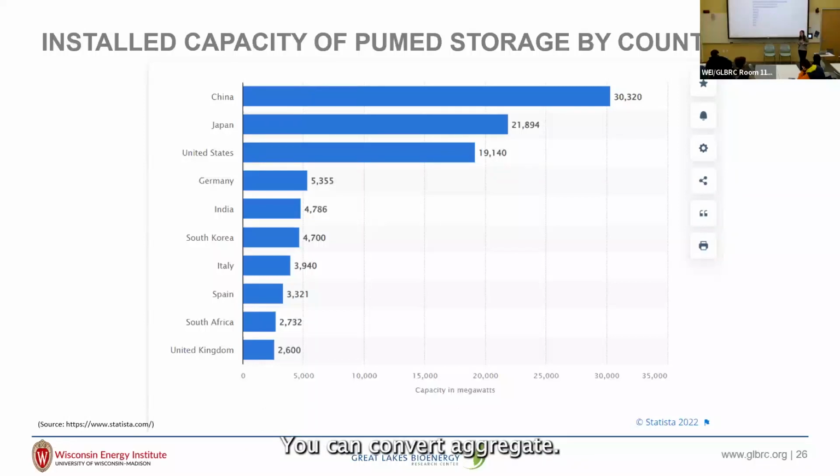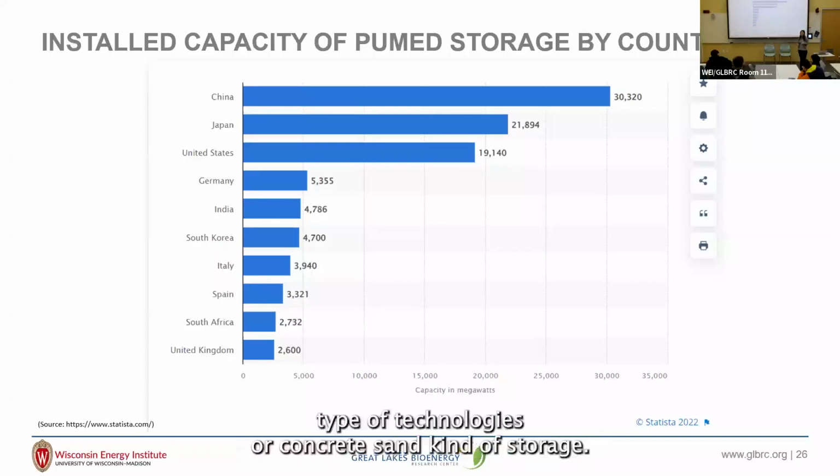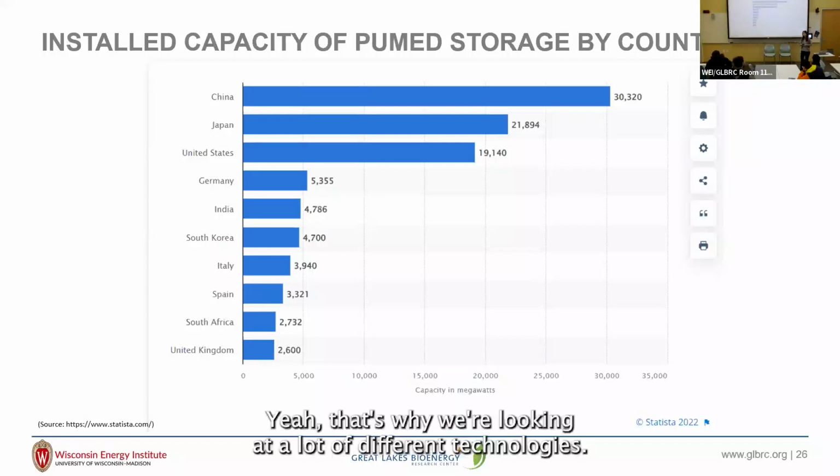Aggregately, you can still get to a pretty substantial amount. Pump storage will be hard, but you can probably investigate groundwater type technologies or concrete and sand kind of storage. That's why we're looking at a lot of different technologies.